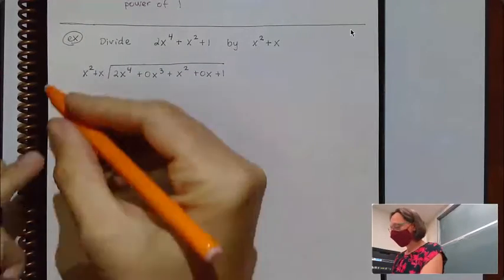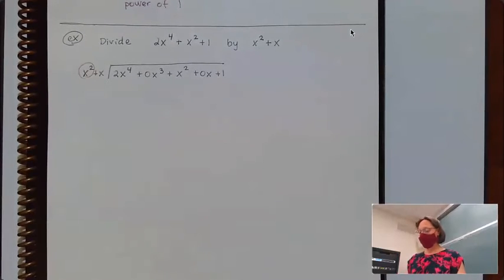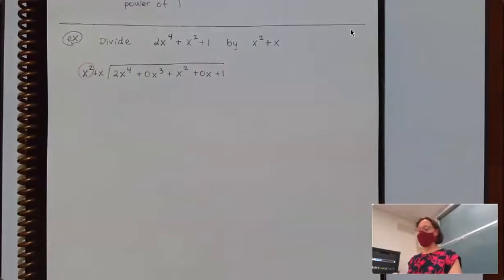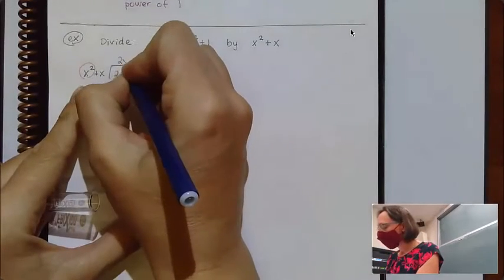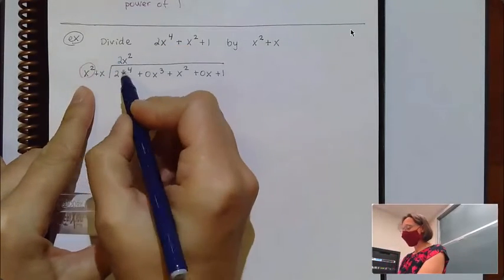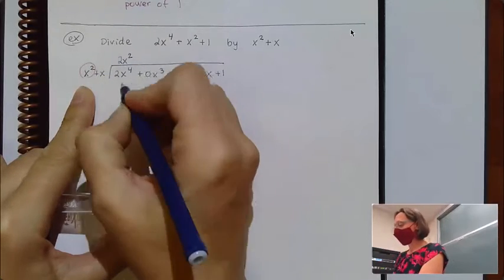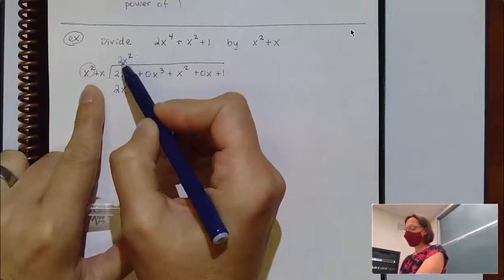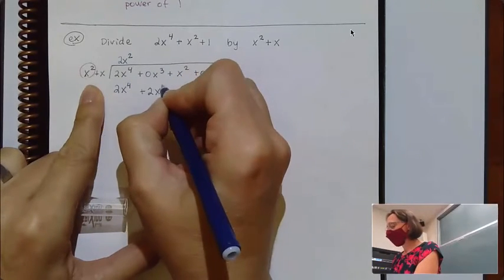My reference here is going to be the x squared because it's the largest power of x in my denominator, or what I'm dividing by. So x squared times 2x squared is what I would need to get 2x to the fourth. And when I distribute this down, 2x squared times x would be a positive 2x cubed.